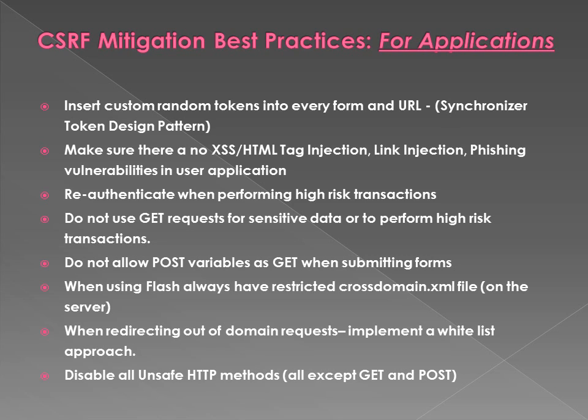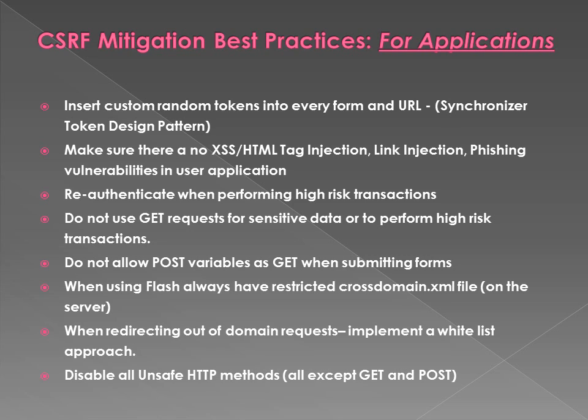Cross-site request forgery mitigation best practices for applications. Insert a custom random token into every form and URL. Make sure there are no XSS, HTML tag injection, link injection, or phishing vulnerabilities in your application. Re-authenticate when performing high-risk transactions, like sending money. Do not use GET requests for sensitive data or to perform high-risk transactions.